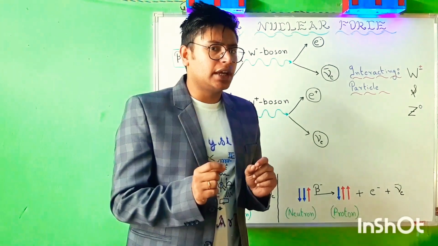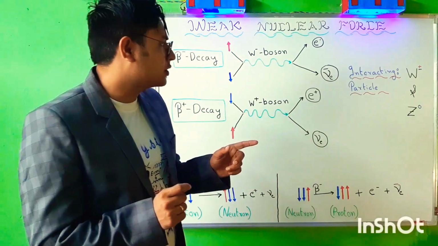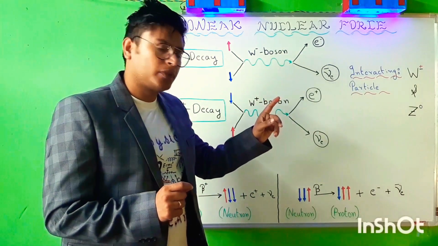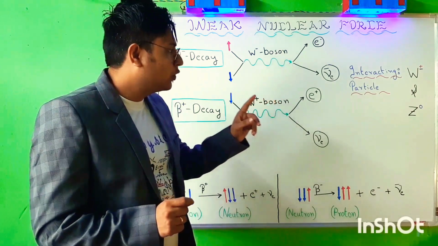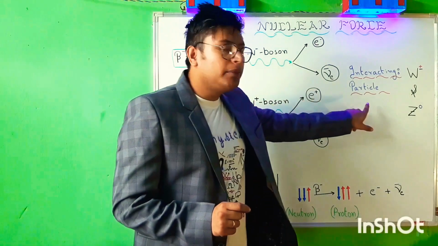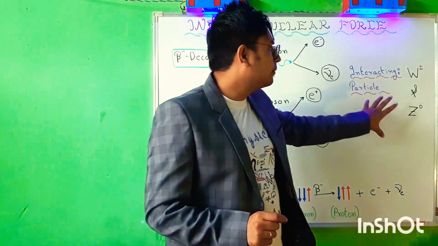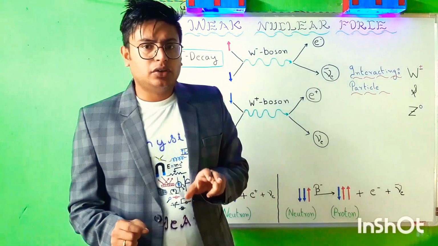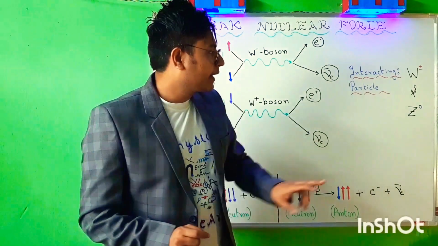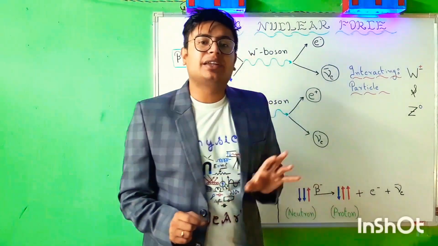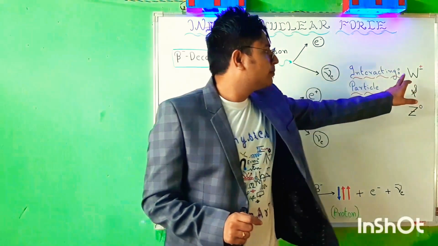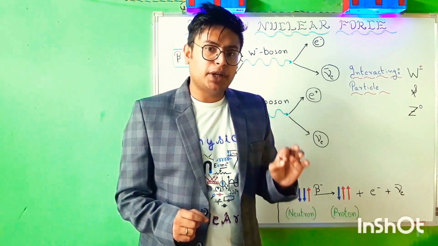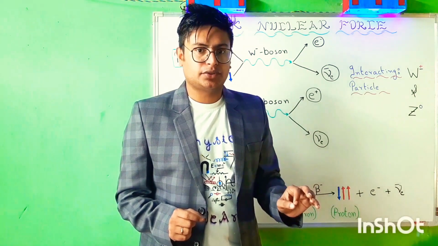Okay, just like in the case of the rest of the forces, even in the case of weak nuclear force, or the weak interaction, we have an intermediating particle, the interacting particle, that is a plus-minus W boson and a Z boson. The plus-minus W boson has a charge of plus and minus.